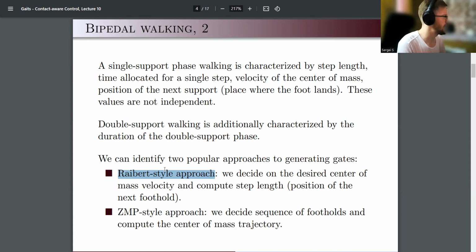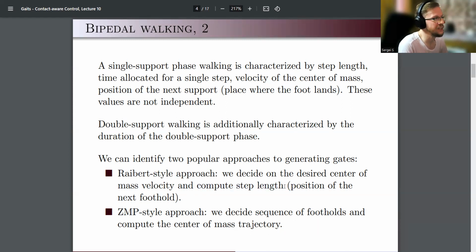All right, so Raibert is this guy, one of the fathers of the field. And the Raibert style approach is we decide on the desired center of mass velocity, right? So we have the center of mass of the robot. It has some kind of desired velocity. And from this information, we compute step length, okay?